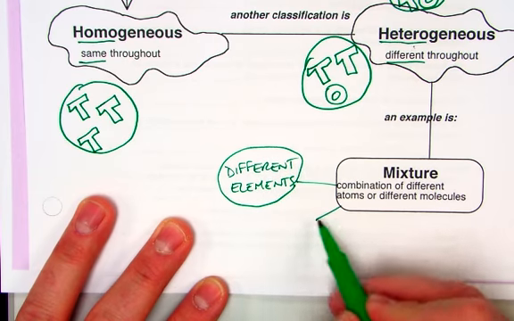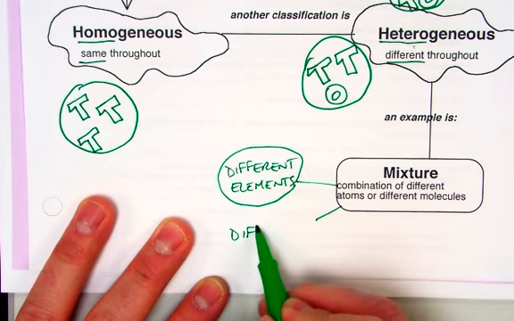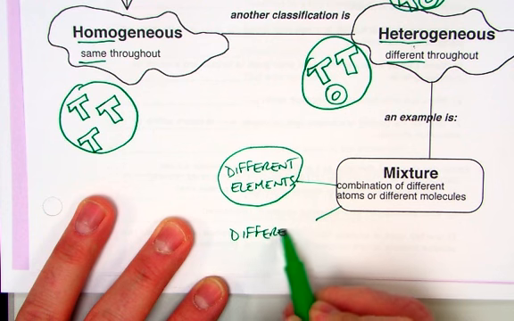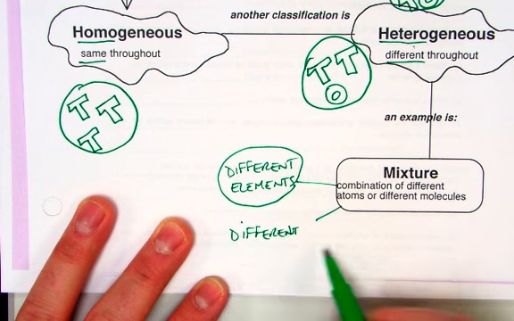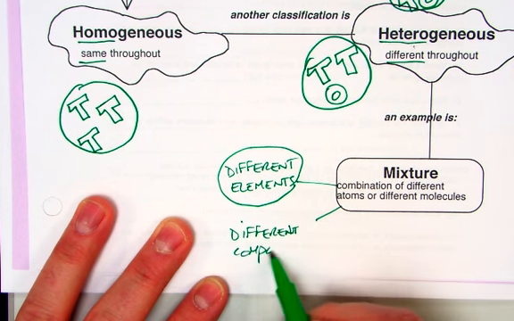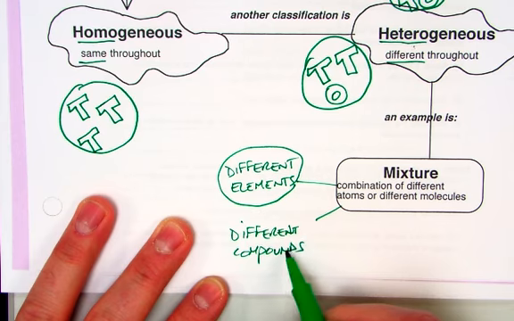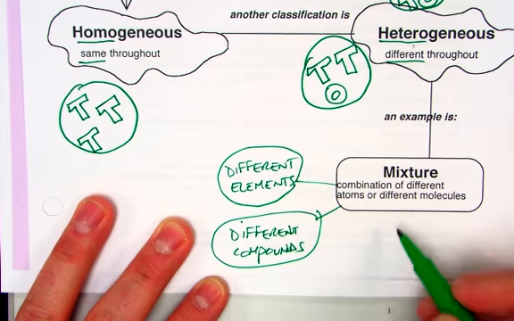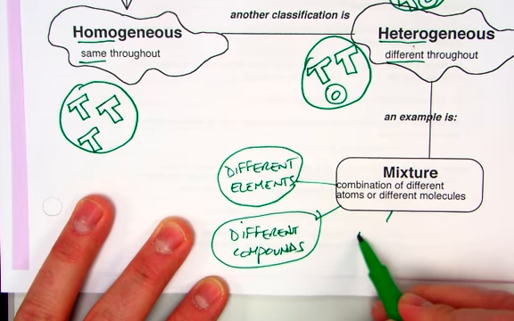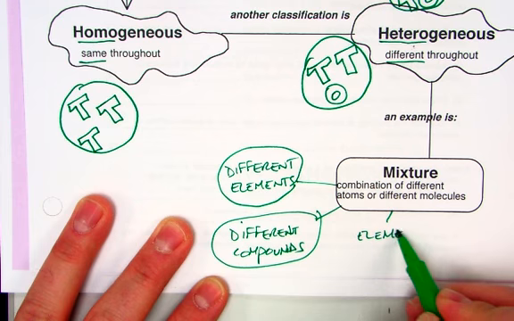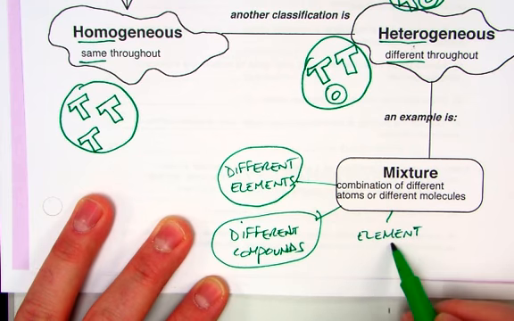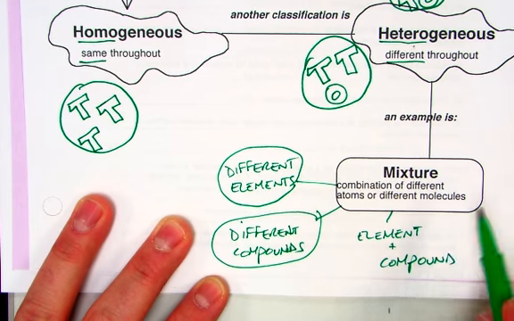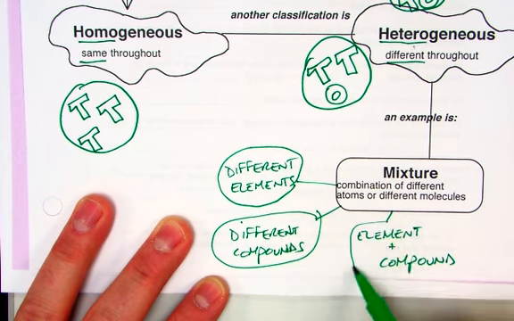You could have a mixture of different compounds. And you could have a mixture of maybe an element and a compound. So those are your possibilities.